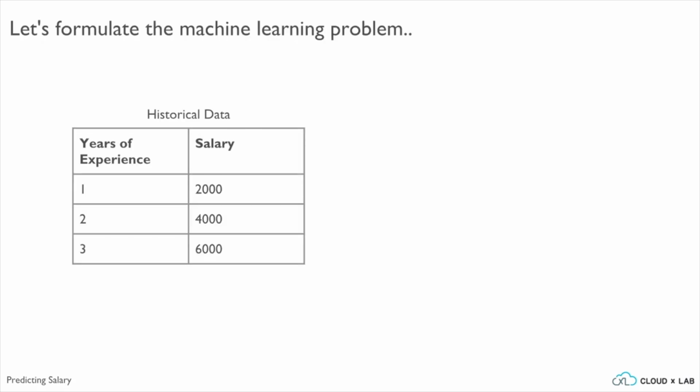Let us convert this problem into instances, features, and labels, and see how to make the computers solve this problem. In our case, there is one feature, years of experience. In real life, there could be multiple features, such as the area of expertise, the location, etc. And there is one target or label, salary.